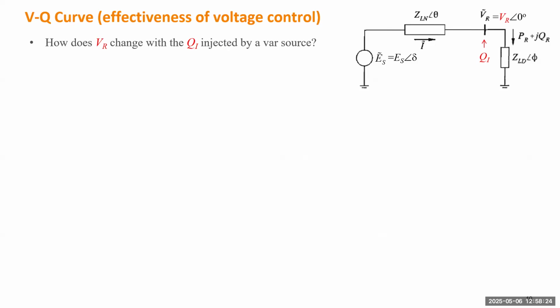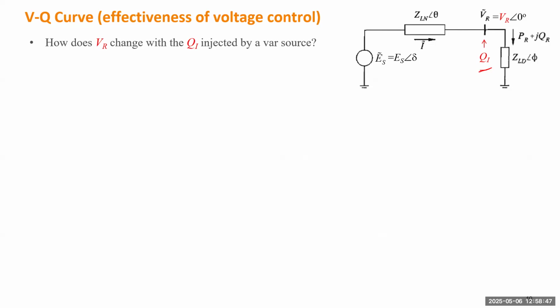This curve can tell you how effective reactive power or control can be when added at some location. For instance, we still talk about this radial system. We study additional reactive power injected to this load bus, and how this Q can improve the voltage.